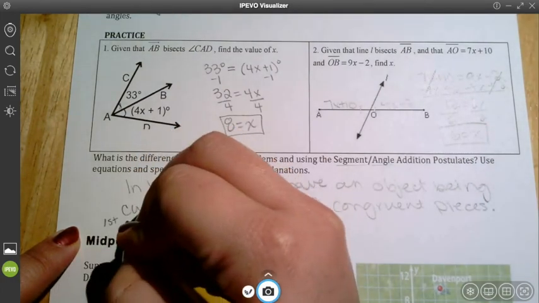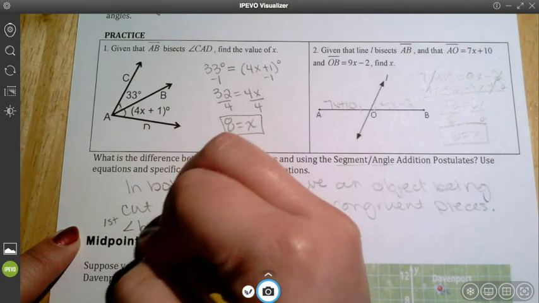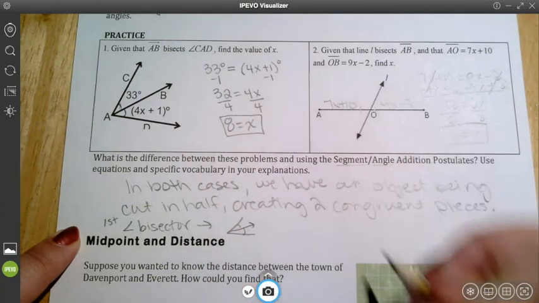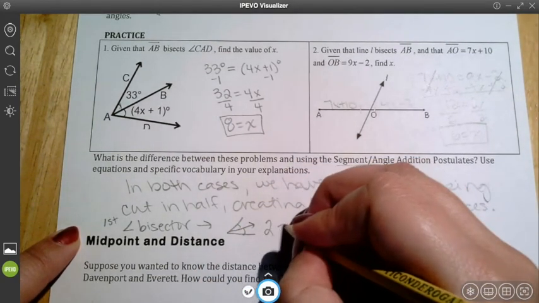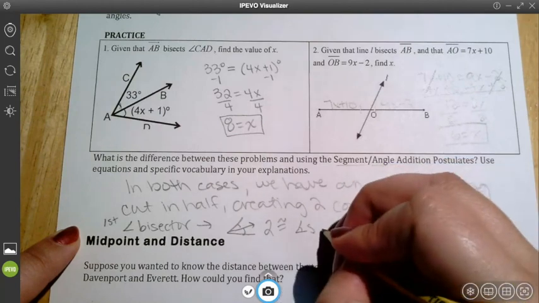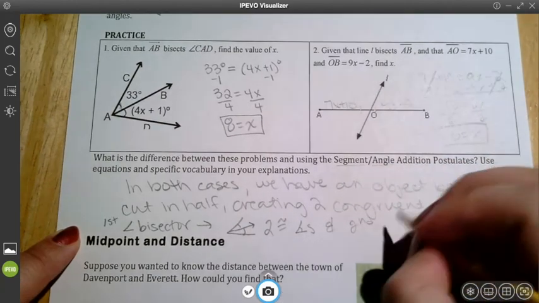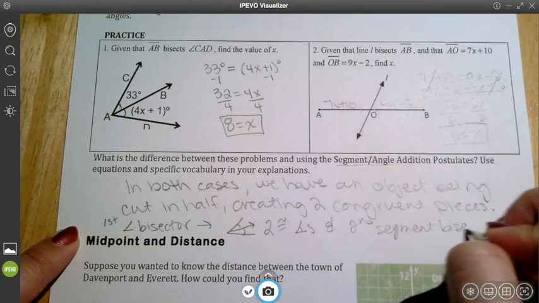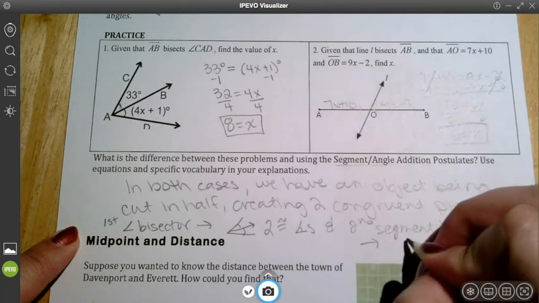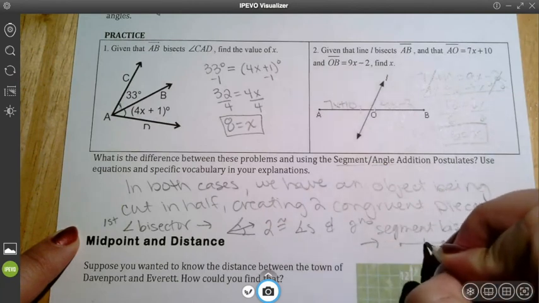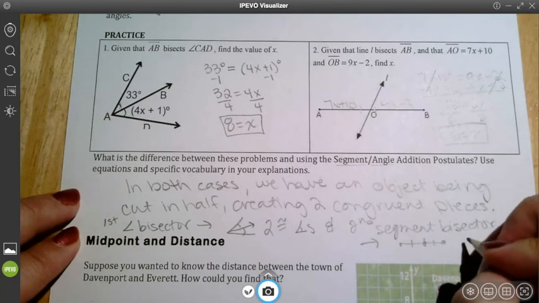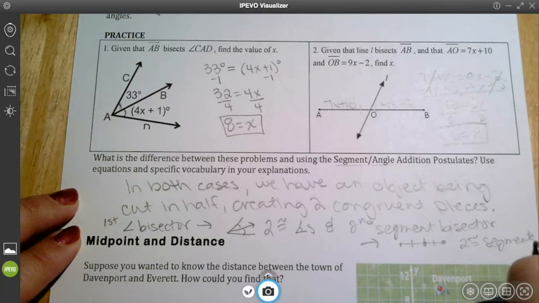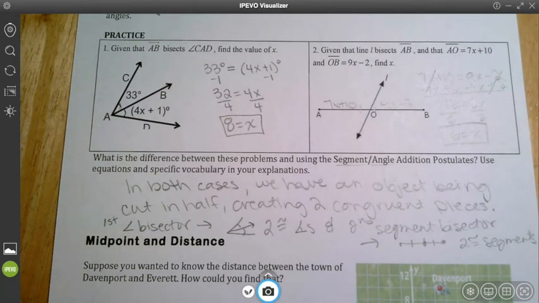First, an angle bisector creates two congruent angles. And second, we have a segment bisector creates two congruent segments. Okay.